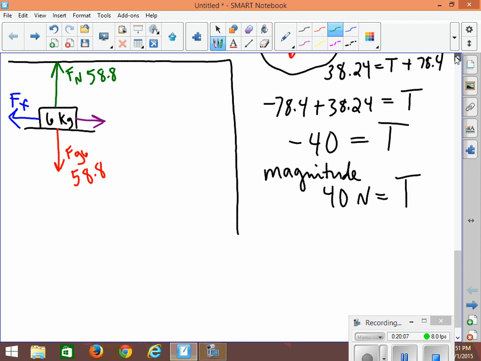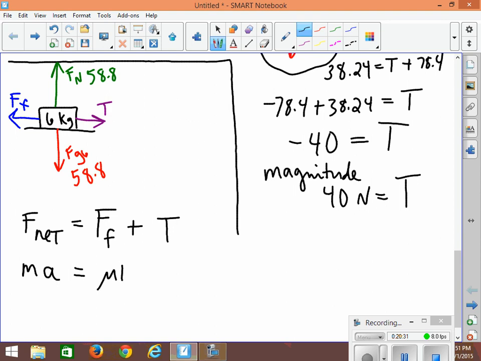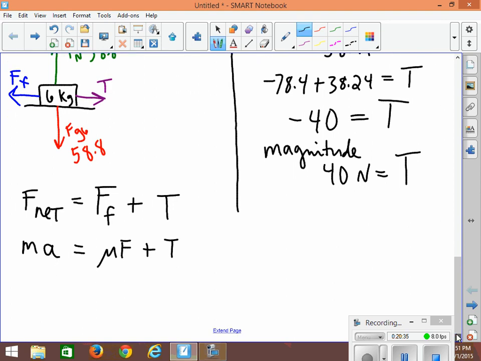It would be Fnet, in the clockwise, counterclockwise directions. We have force of friction, which is trying to resist the motion, and we have over here our little friend tension. So we have a T, or tension. We know the mass of this object is going to accelerate, and the friction is going to be mu Fn, and we're going to have a tension force. So we just carry that down and put in our numbers.